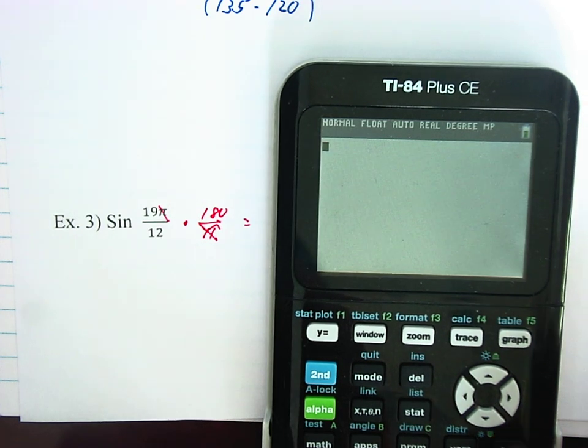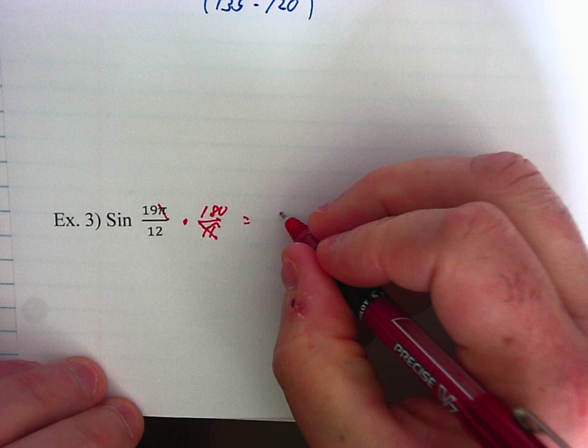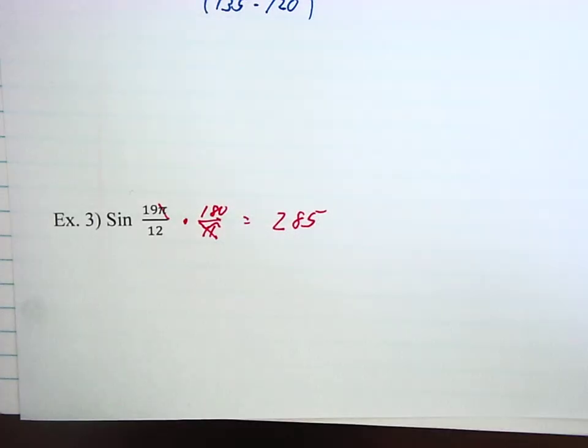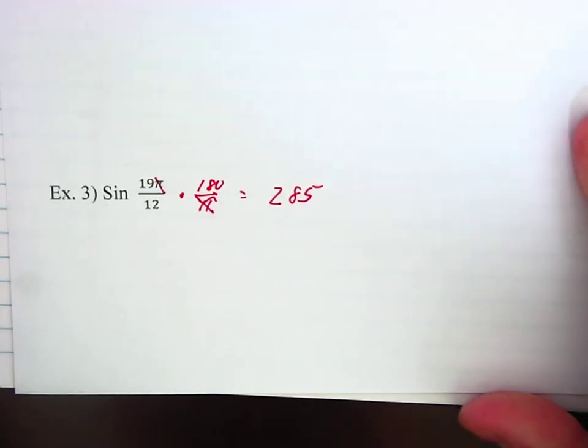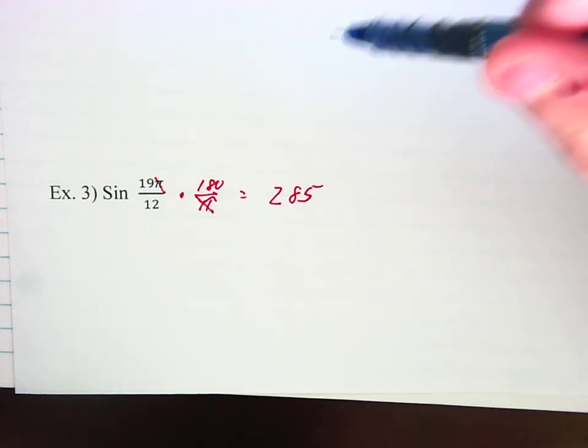So that's going to be 19 times 180, and then divided by 12, that is 285. So, okay, you're still going to have to find angles on the unit circle that come out to be 285. So you can't use just quadrant 1 angles, but I would try to use one quadrant 1 angle.